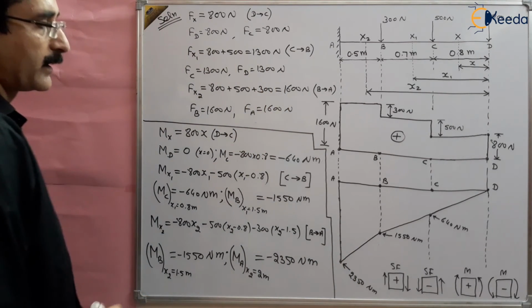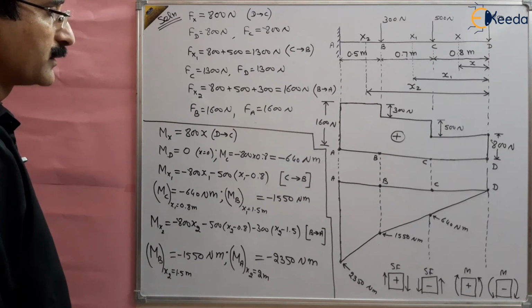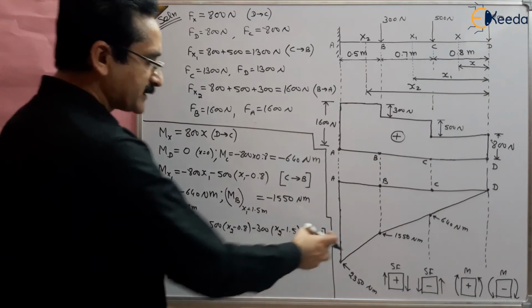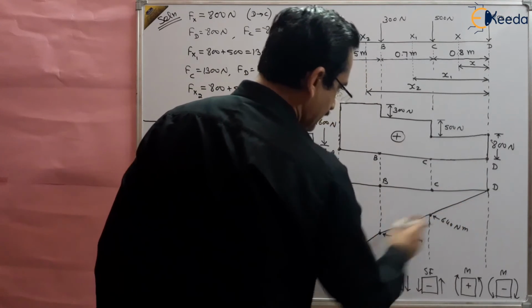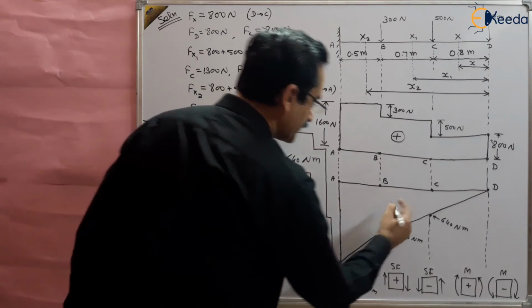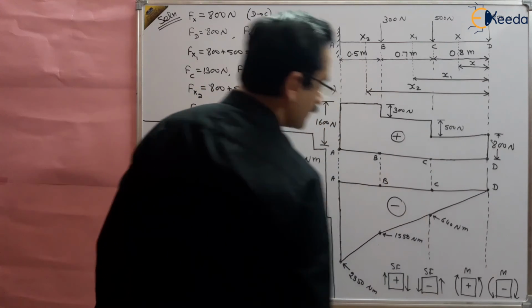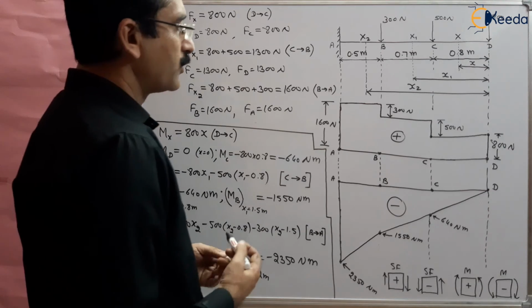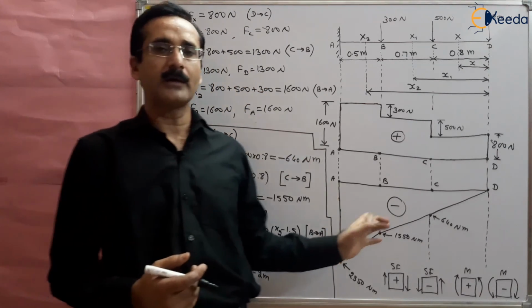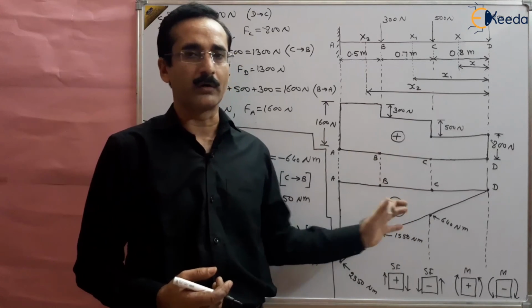So this is the diagram for our bending moment diagram, right? And these lines are straight lines, right? And this whole bending moment diagram is negative, isn't it? So this is how the bending moment diagram and shear force diagram are drawn for this question.